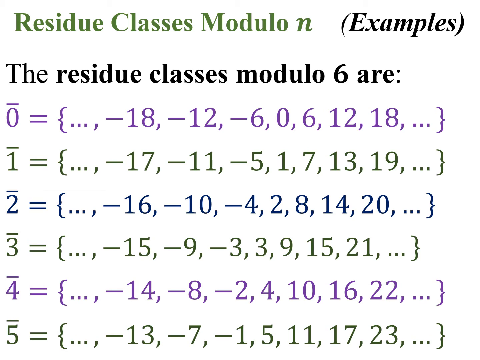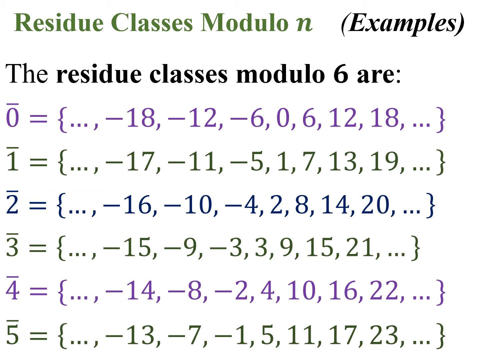You can verify here. Class of 0 contains 0, here is 1, here is 2, 3, 4, 5, again 6, 7, 8, 9, 10, 11, 12, 13, 14, 15, 16, 17 and so on.